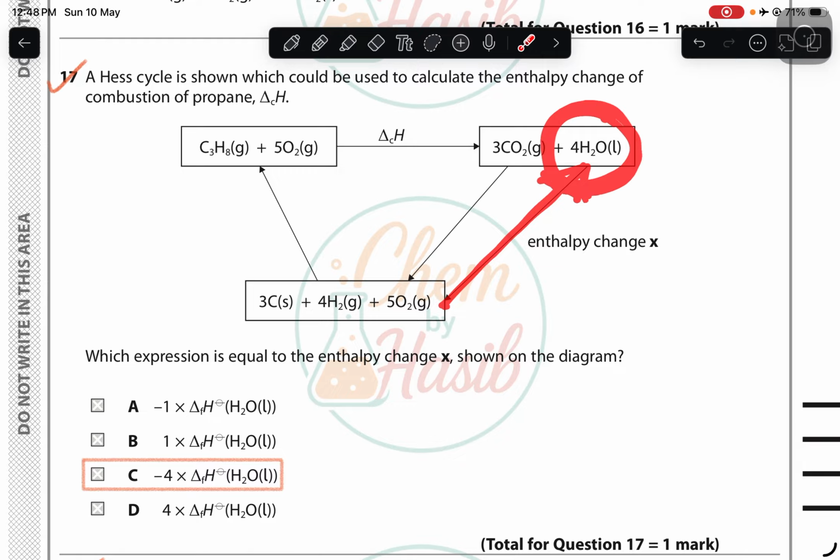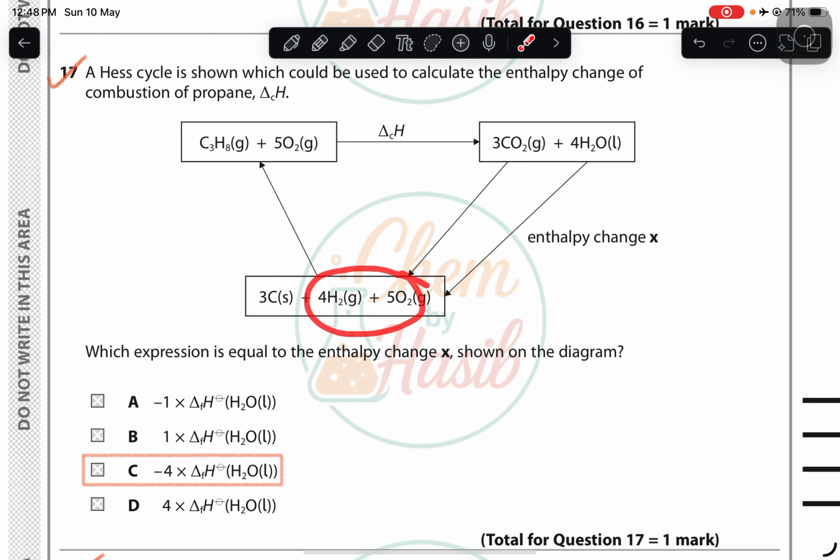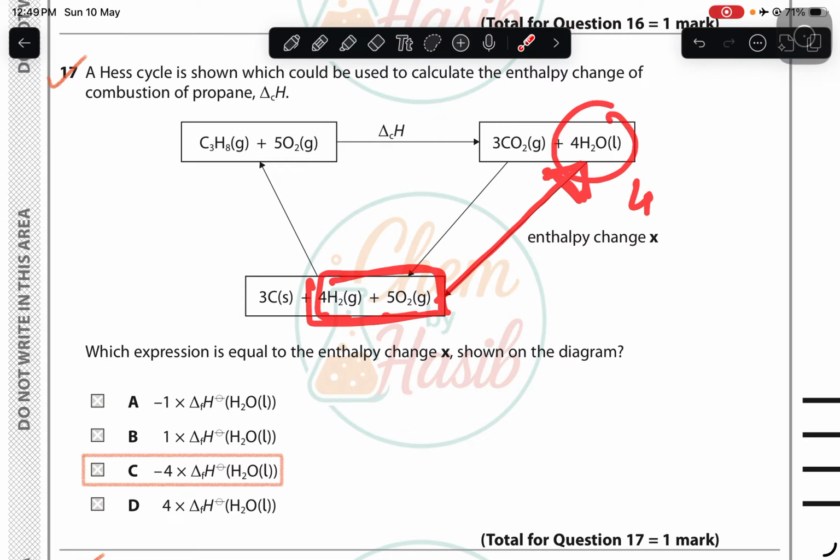Look here, the elements, hydrogen and oxygen. When these elements react, they form 4 moles of water, right? So that represents 4 times the formation enthalpy of water.